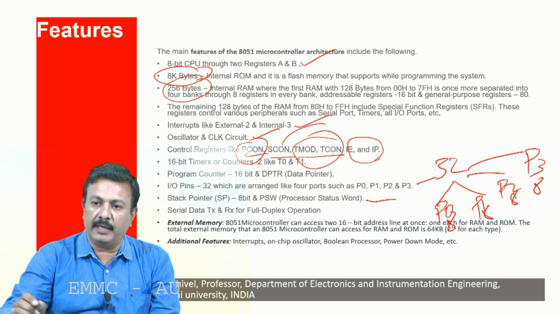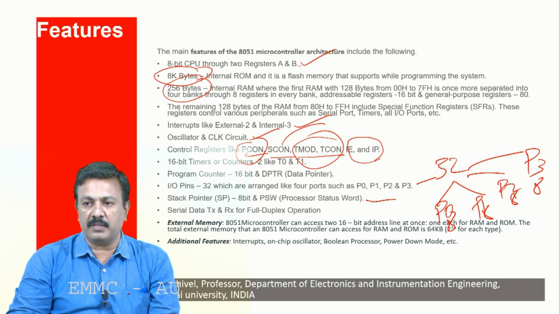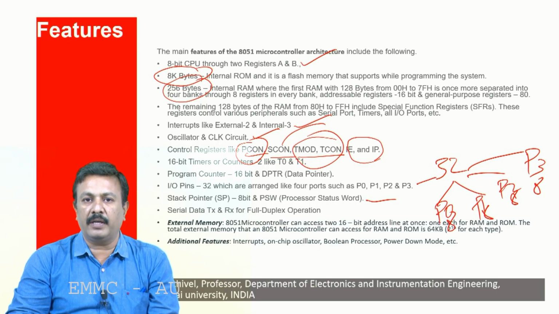Then the stack pointer and program status word are also available. Then one serial communication port, that is UART with full duplex operation, is available. It has an 8-bit data bus and a 16-bit address bus. With the 16-bit address bus, you can connect external RAM up to 2 power 16, that is 64 kilobytes of RAM.